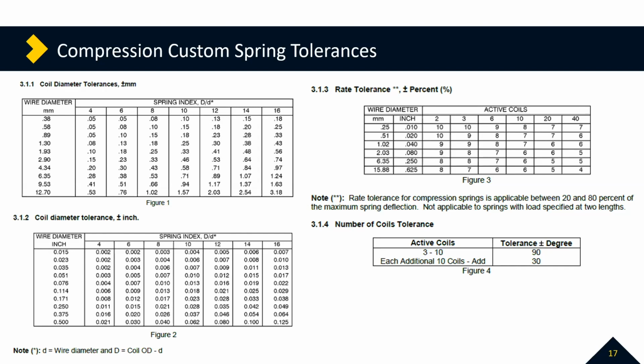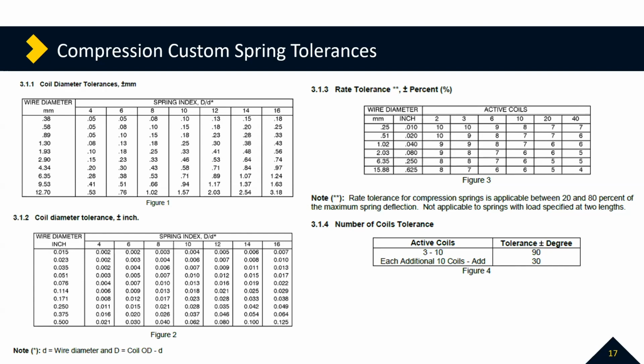Moving to the right side of the page, we have a rate tolerance specified in percent, plus or minus percent, compared to your wire diameter and active material that's already calculated in your design. We also have, depending on the application and as far as solid height, you tend, not always, to want a tolerance on your number of coils, because it can vary.